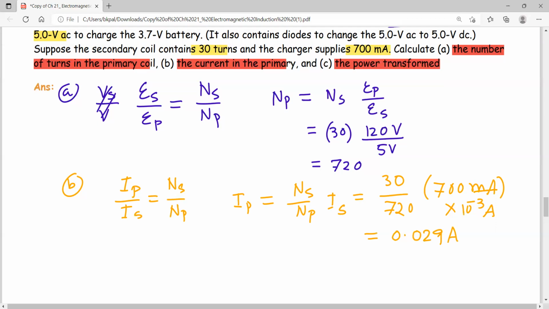In the secondary coil, the current was 0.7 amp, or 700 milliamp means 0.7 amp. And here in the primary coil, we have 0.029 amp. Because the voltage is higher in the primary coil, current should be lower. So this tells us that current is lower.